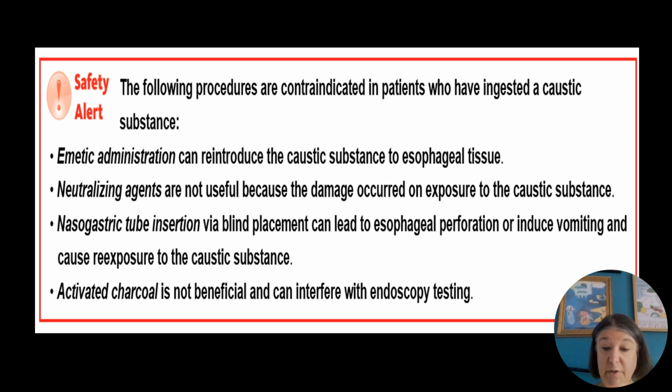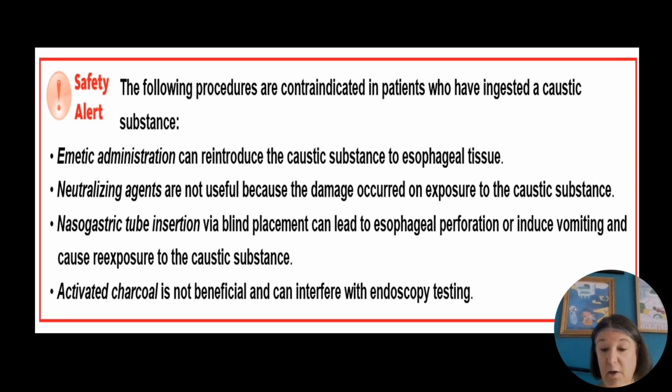Neutralizing agents are not useful because the damage occurred on exposure to the caustic substance. NG tube insertion via blind placement can lead to esophageal perforation or induce vomiting and can cause re-exposure to the caustic substance. So you would use a scope basically for anything that you're placing.